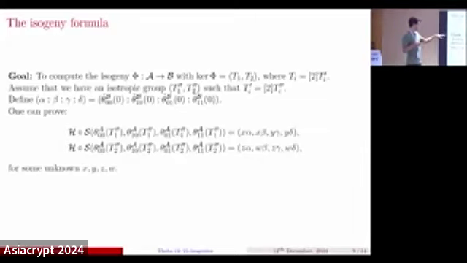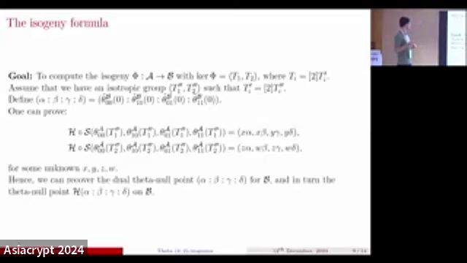Playing a little bit with these relations, you can actually recover the dual theta null point, which is just the tuple given by alpha, beta, gamma, and delta. Then you can reapply the Hadamard transform, and you obtain a theta null point for the abelian surface B.